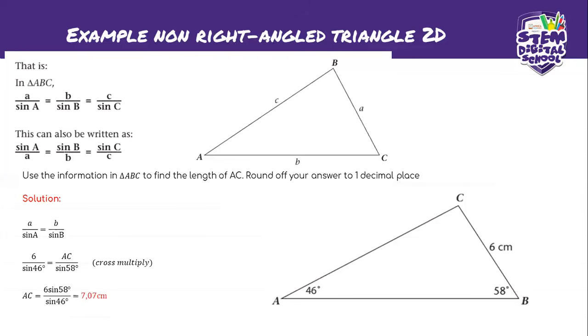After we have cross multiplied, this is the answer for the side AC. So our answer is 7,07 centimeters. But because we were supposed to follow the instruction that says round off your answer to 1 decimal place, the answer was supposed to be 7,1 centimeters.